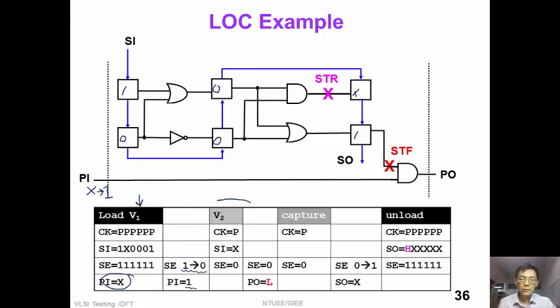At this time, we would need to create a transition by pulsing a clock with scan enable equal to 0. So the first flip-flop would be 0, this flip-flop would be 0, and this will become 1, this will become 1.